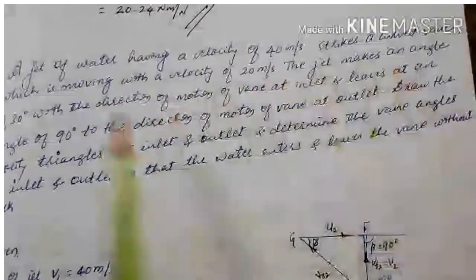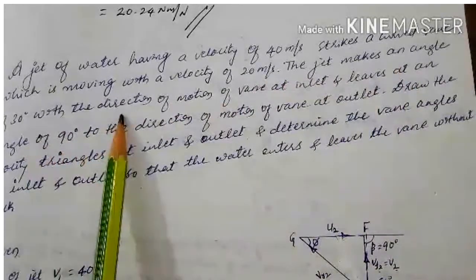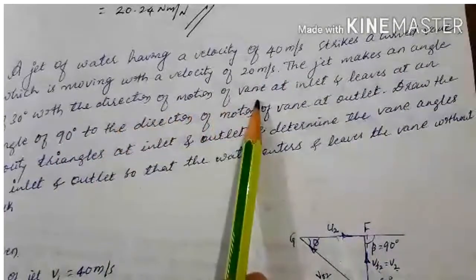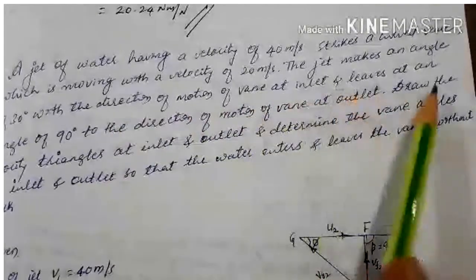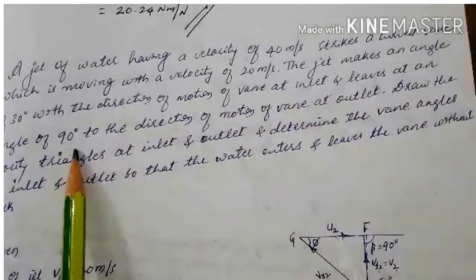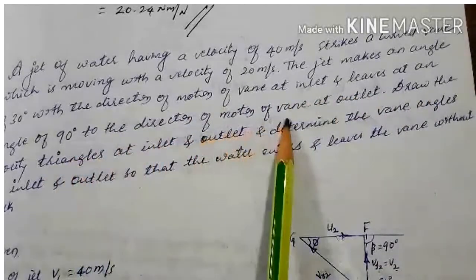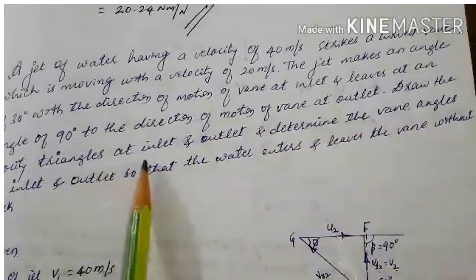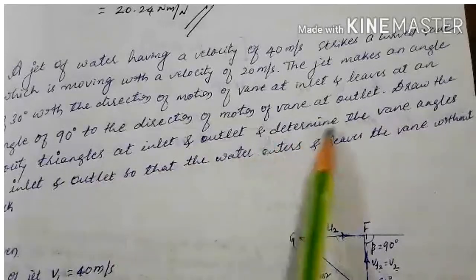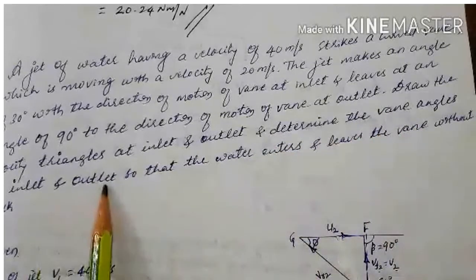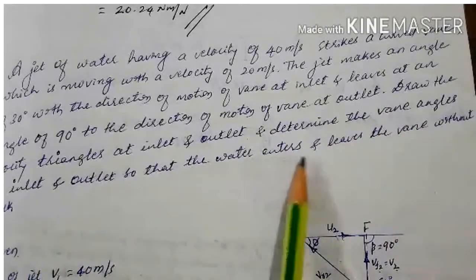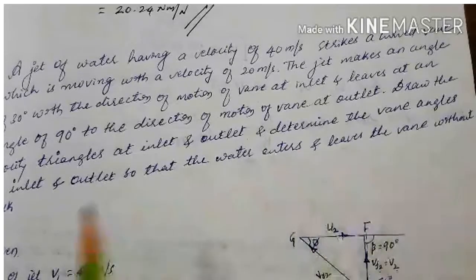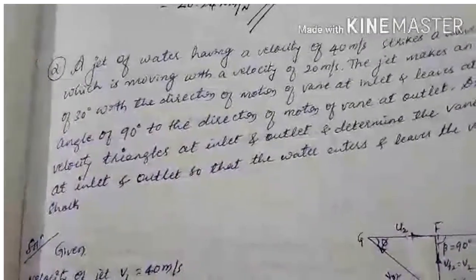The jet makes an angle of 30 degrees with the direction of motion of the vane at inlet and leaves at an angle of 90 degrees to the direction of motion of the vane at outlet. Draw the velocity triangles at inlet and outlet and determine the vane angles at inlet and outlet so that the water enters and leaves the vane without any shock. So this is the problem given here.